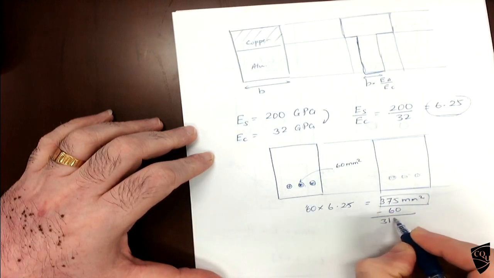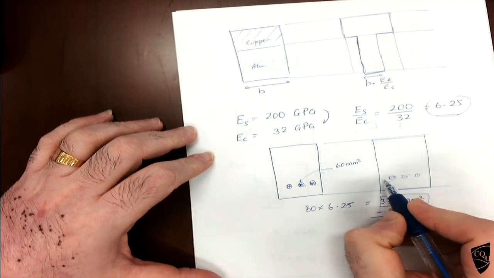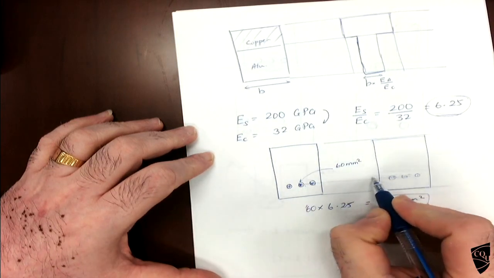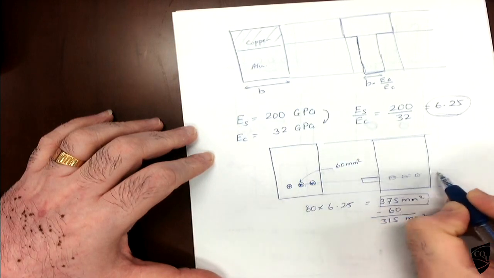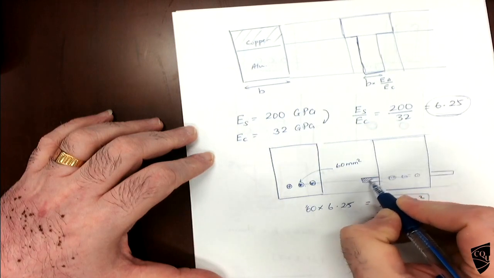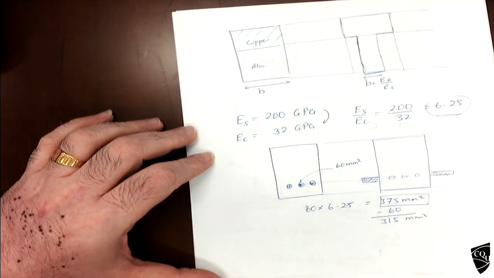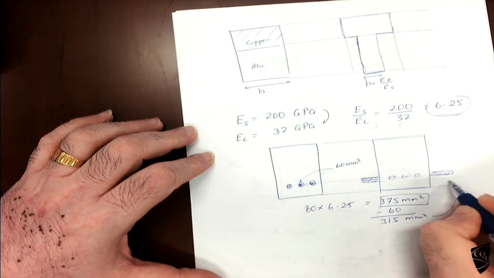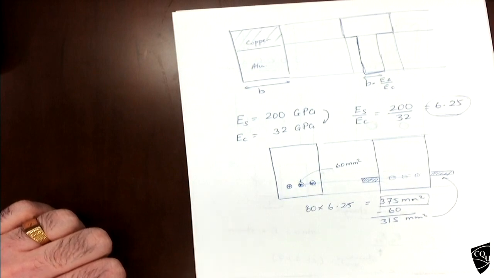So you have 315 to put somewhere, but it should be in the same line, so I put it here outside. This shaded area is 315. Do you understand?